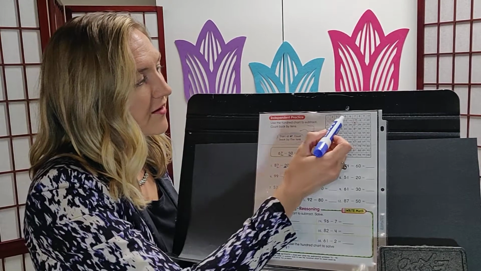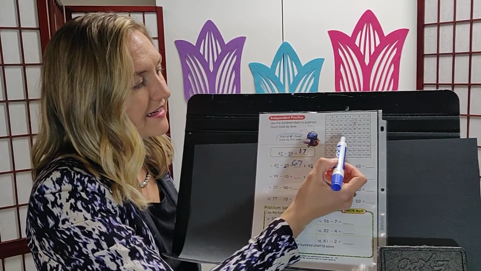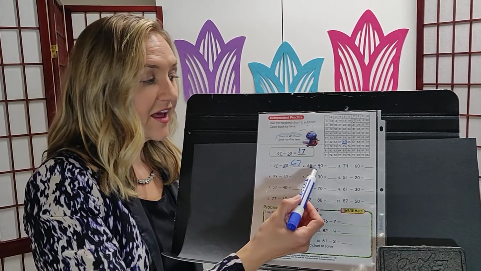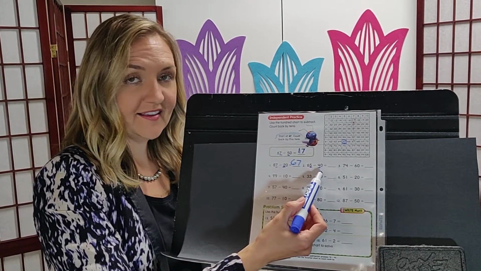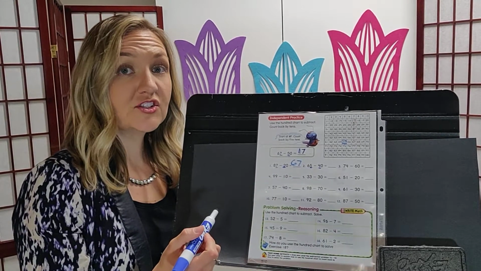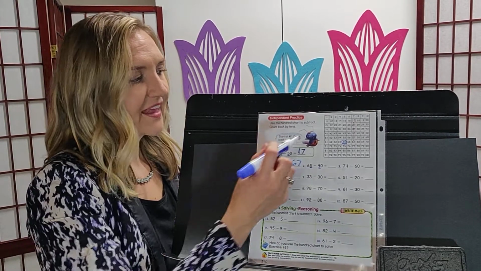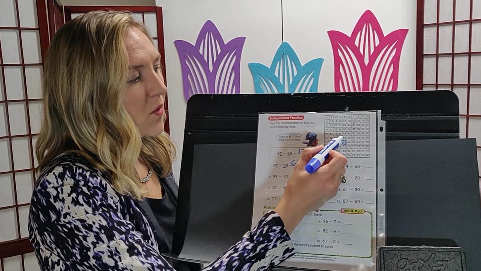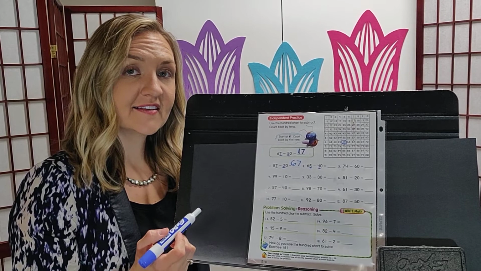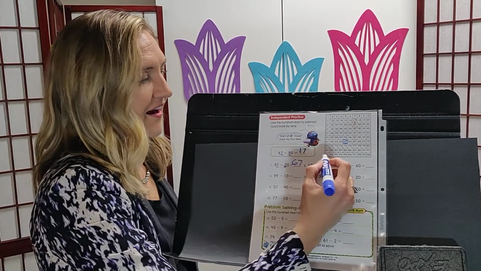So let's look for that 5, great, and find 65. How many groups of 10 is 40? 40 is 4 groups of 10. So we're going to jump 4 times. Here we go. 1, 2, 3, 4. Where did you land? 25.